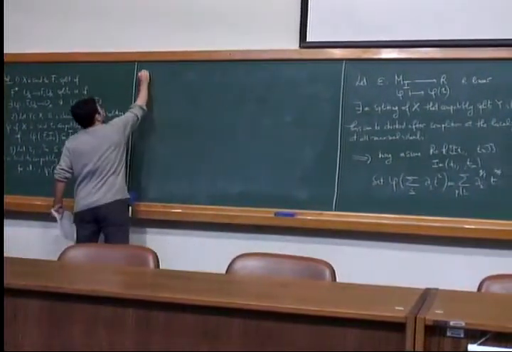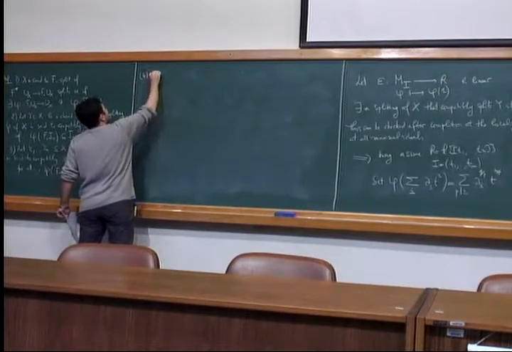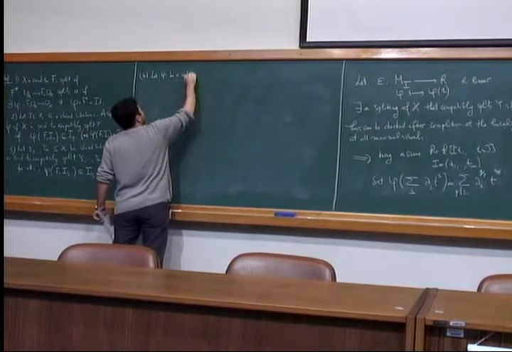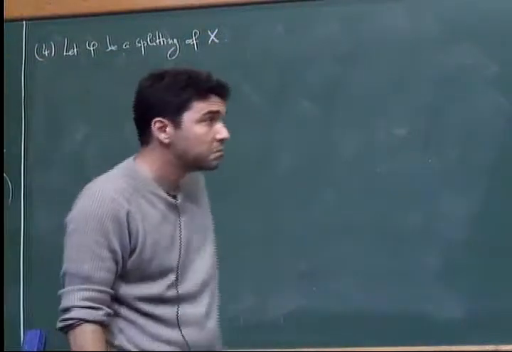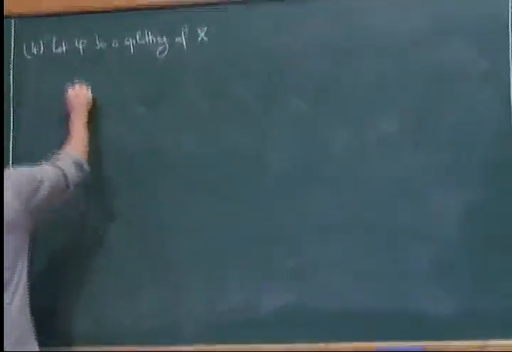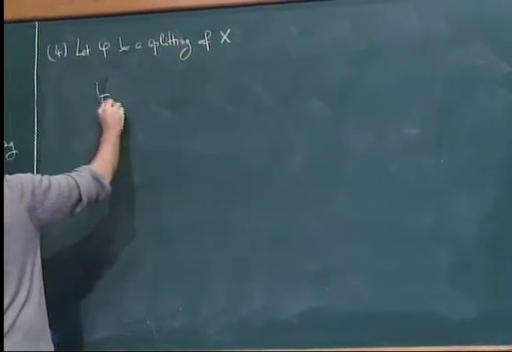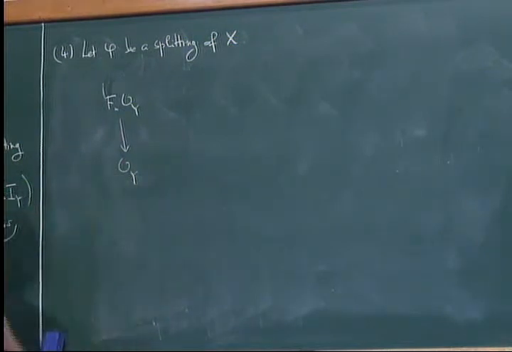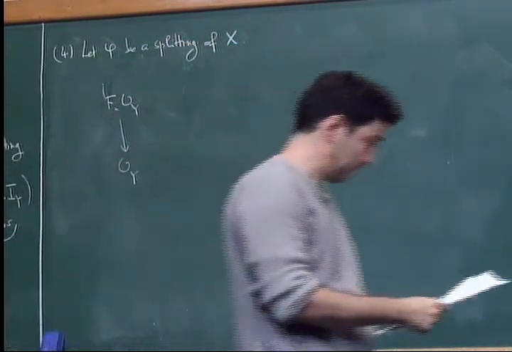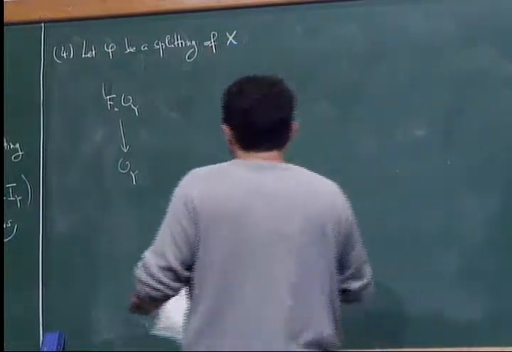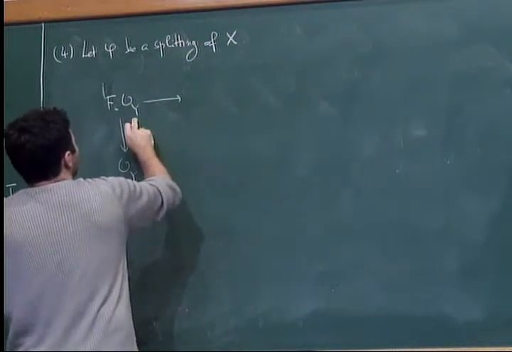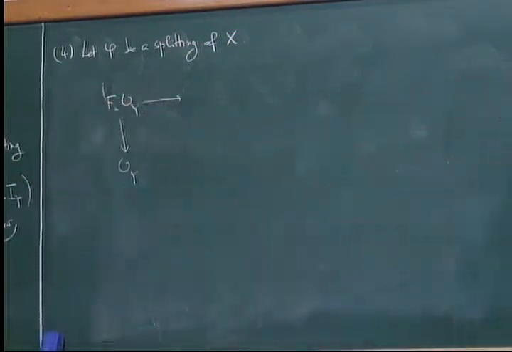So for the proof of the last point, let phi be a splitting of X. So you want to construct a splitting of Y. Okay, so the first thing you can do, you have a map from OY to the push forward of OX.